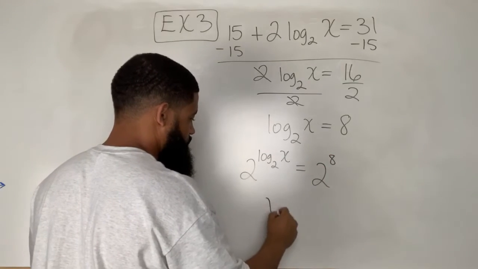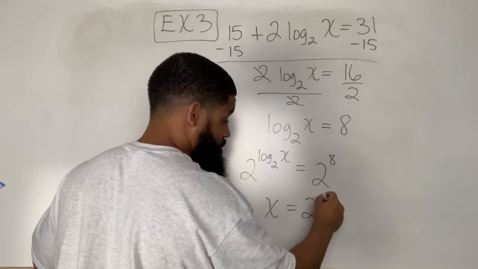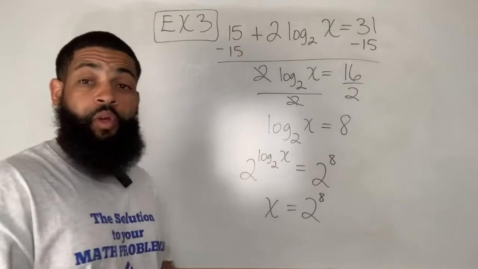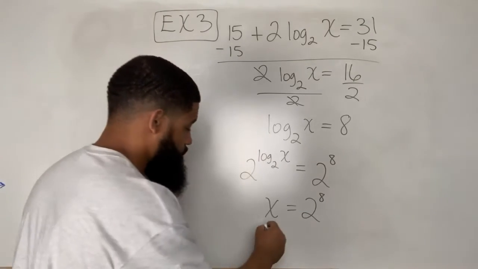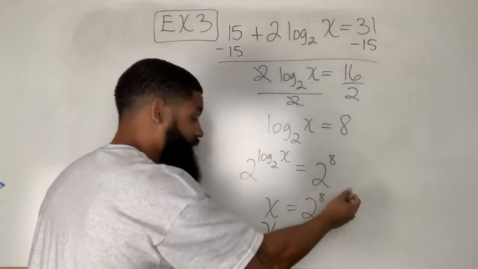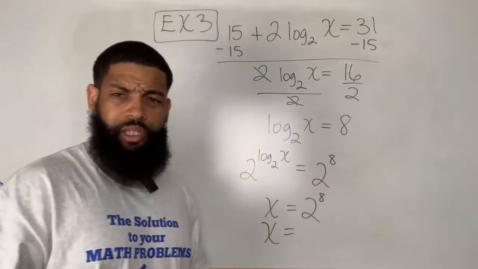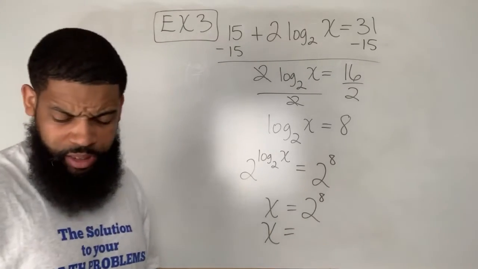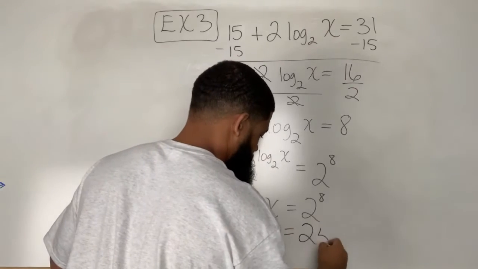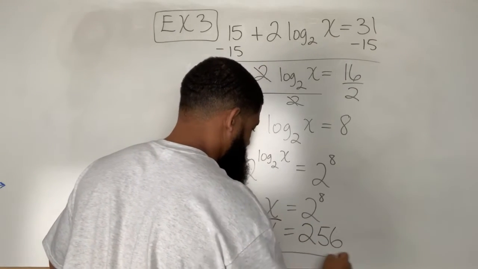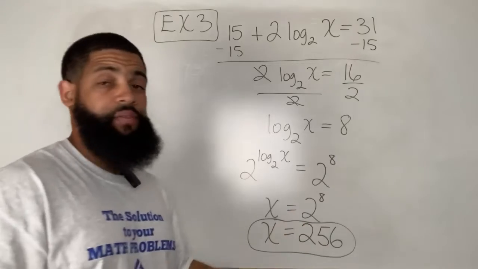This leaves me with just x, which equals 2 to the 8th power. Once again, this one is not an approximation because I can find an exact value. 2 to the 8th power equals 256.